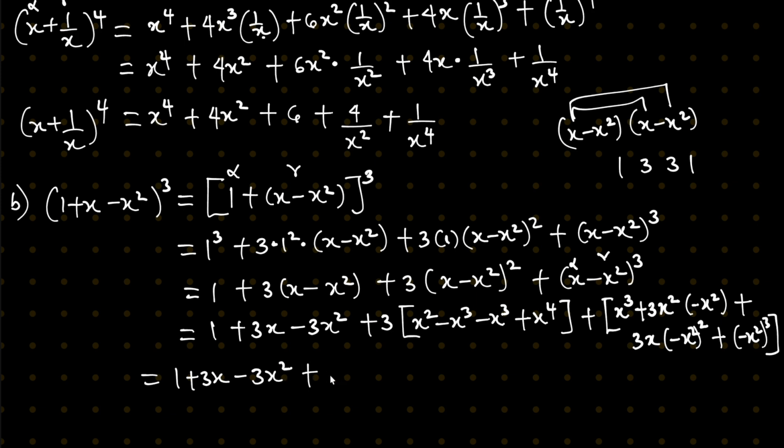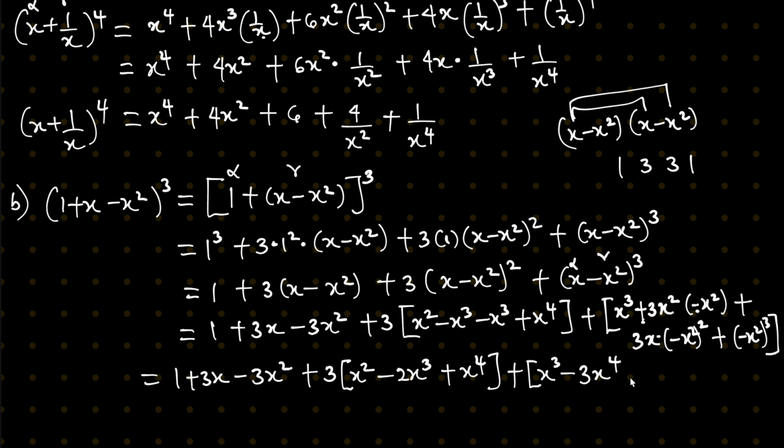plus 3 times x squared minus 2x to the power of 3 plus x to the power of 4. And here we have x to the power of 3, minus 3x to the power of 4, and here we have minus x squared, that's x to the power of 4.